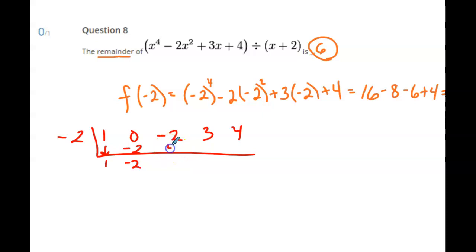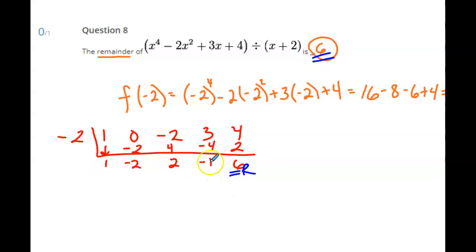Negative 2 times negative 2 is positive 4. Negative 2 plus 4 is 2. 2 times negative 2 is negative 4. 3 plus negative 4 is negative 1. Negative 1 times negative 2 is 2. And 4 plus 2 is 6. So there you can see our remainder of 6, which was what this problem was asking for.